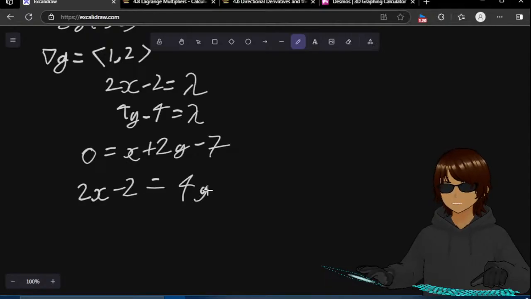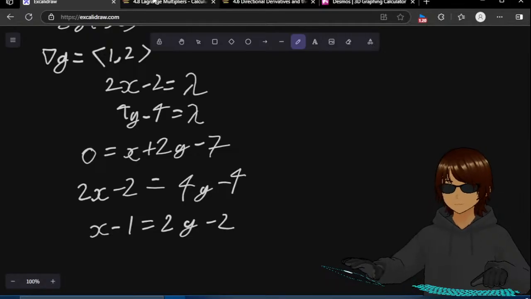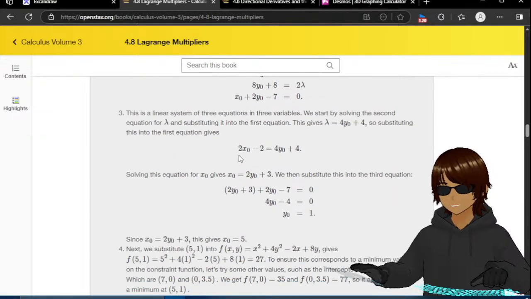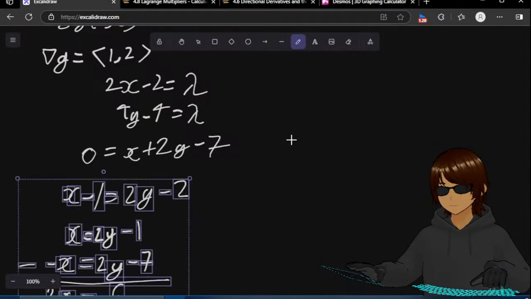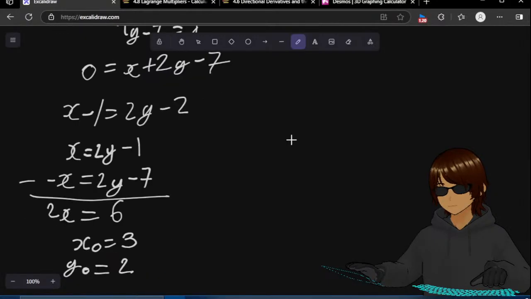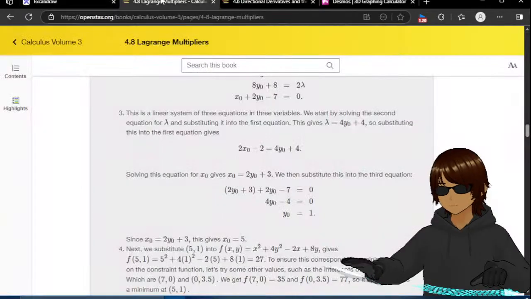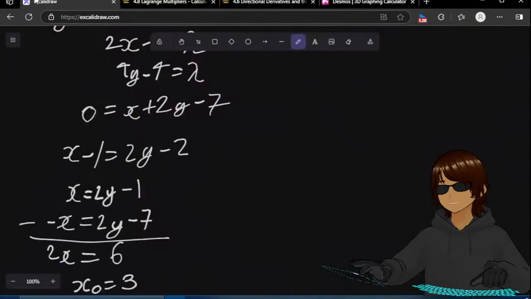But does it not lead to the same thing anyways? Yeah, it does. 2y plus 3.